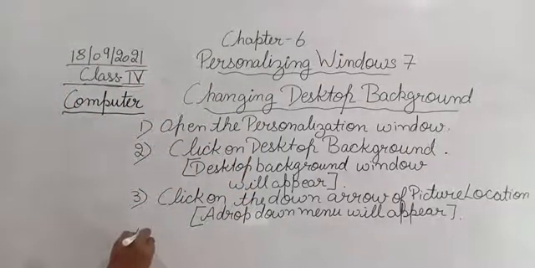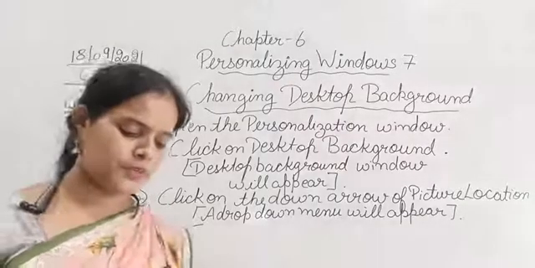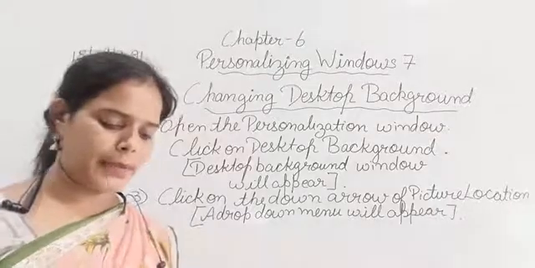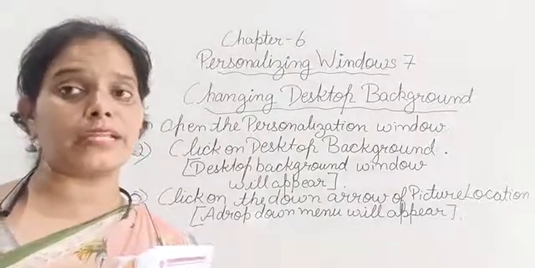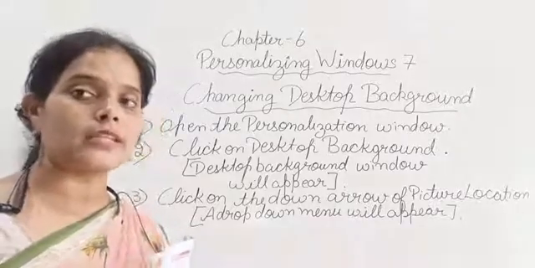The next step after this is to click on the background gallery you want to use. So जो भी आपको gallery from where you want to take that picture, so you have to click on that one.